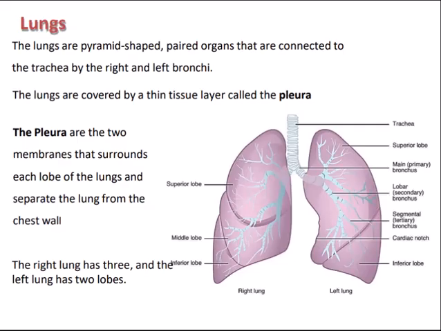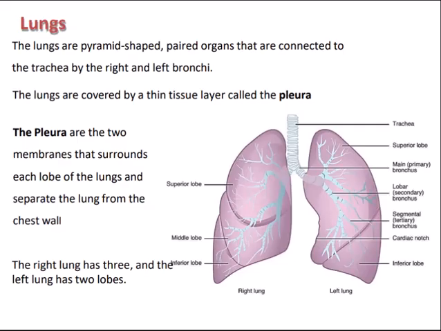Then we have blood-air barrier. This is the most critical, and in type 1 pneumocyte, fused basement membrane and capillary endothelium. It's extremely thin. And then we have the outer covering, which is a pleura.